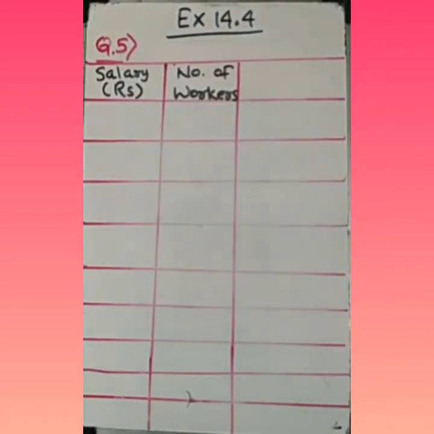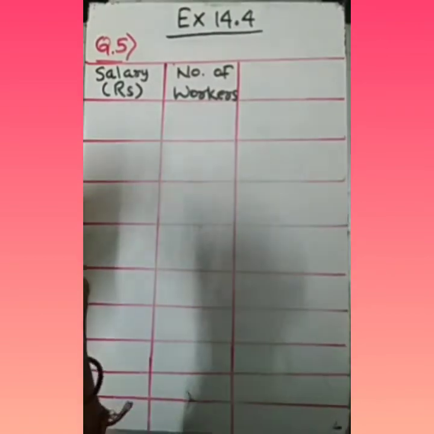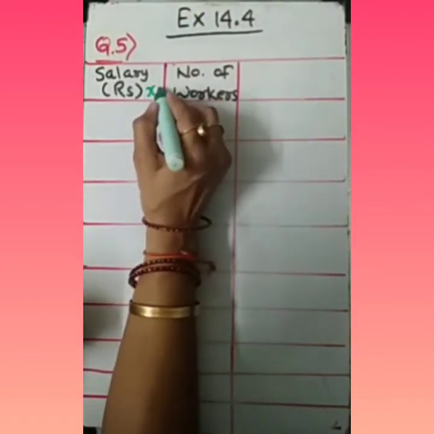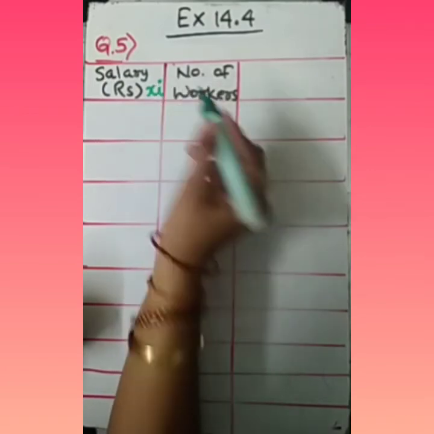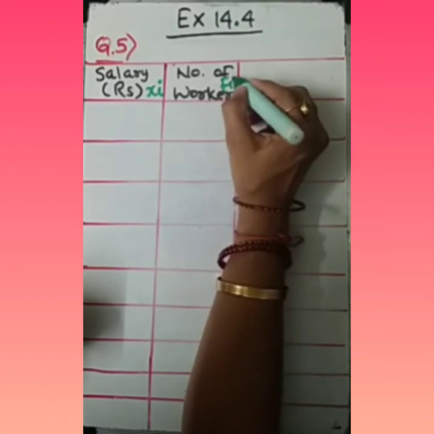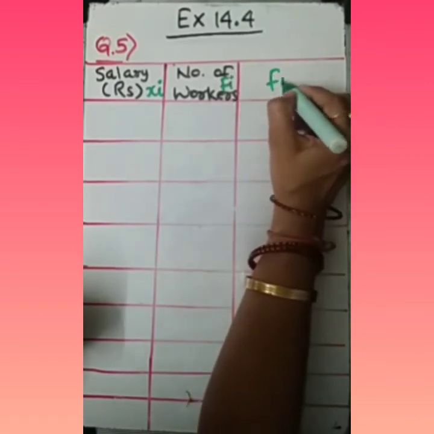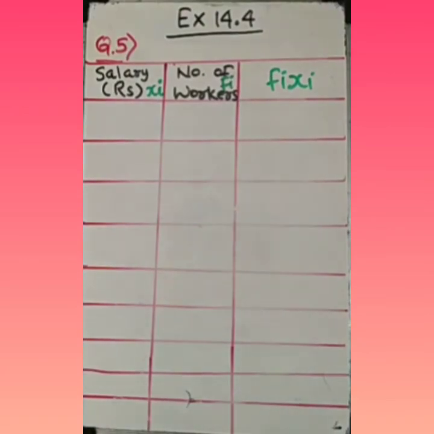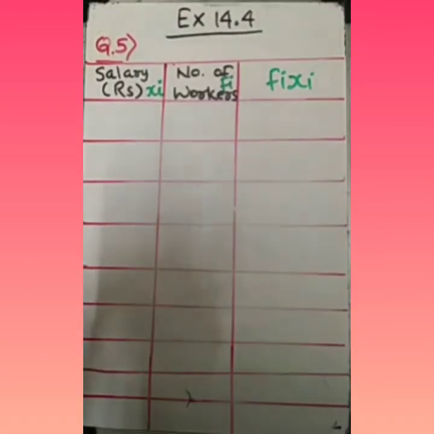The third column which we have to form is fixi. Here I am mentioning xi first: the salary is xi, the observation. The number of workers is fi, and the product of both columns, fixi, we will mention here.